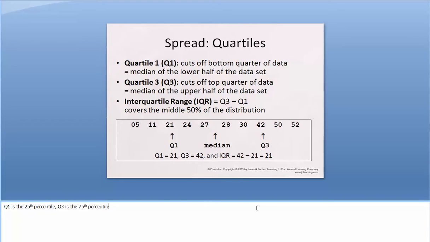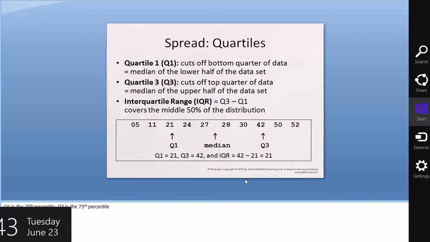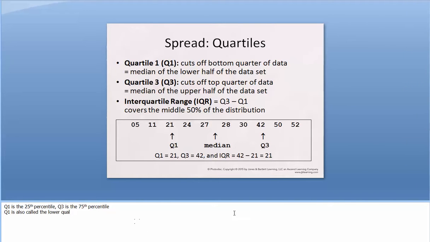Q1 is also called the lower quartile. And Q3 is the upper quartile, because the boundary for the upper fourth is Q3, the upper quartile.